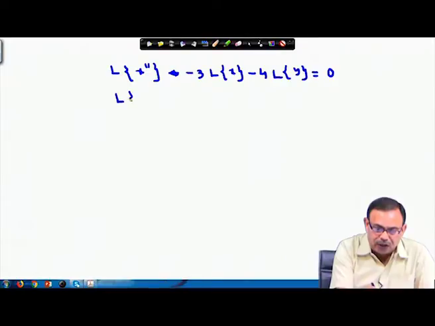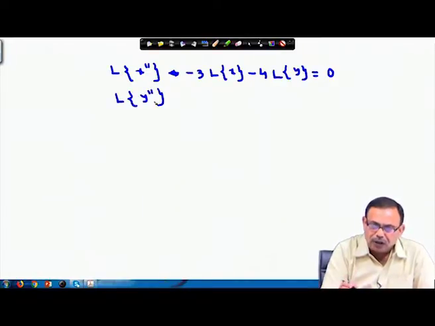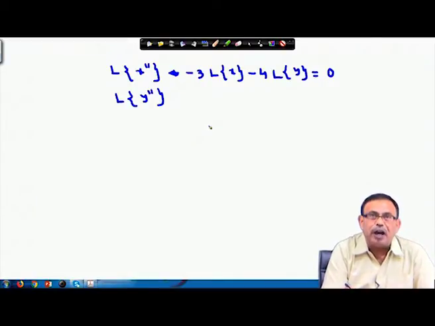And for the second equation, similarly, Laplace transform of y double dash. Please note one thing here: x and y both are functions of t. These are two dependent variables whose values I have to find out in terms of t only.